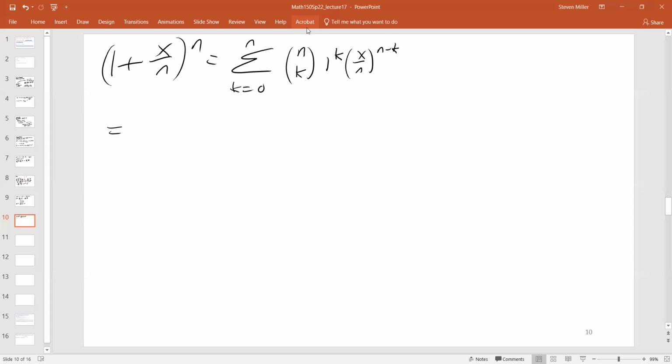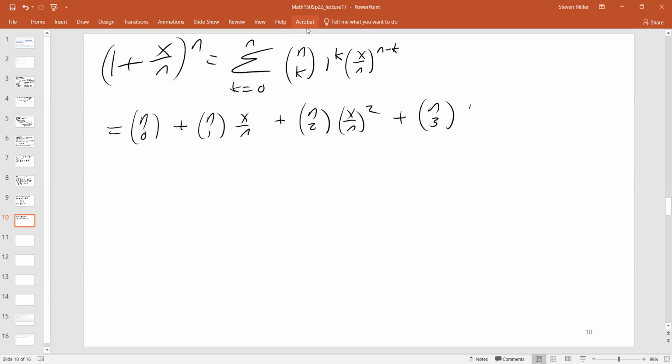So the first term is going to just be n choose 0. The next term is going to be n choose 1, x over n. The next term is going to be n choose 2, x over n squared. Then n choose 3, x over n cubed, all the way down to n choose n, x over n to the n.